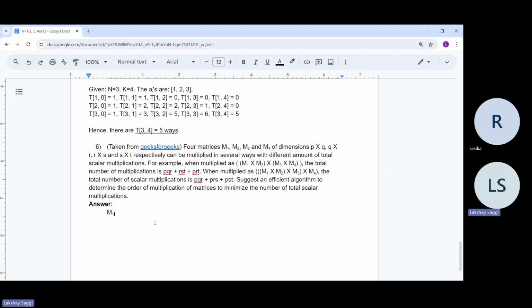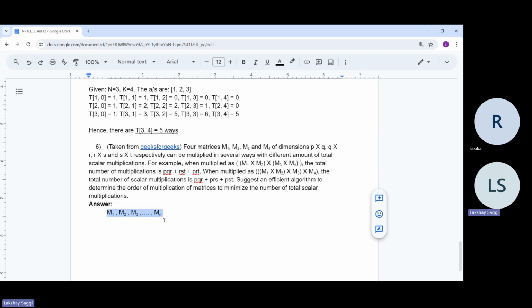So let's consider not just this problem, but a very general problem rather. Suppose we had n matrices, M1, M2, M3 till Mn, and I needed to multiply these matrices together.